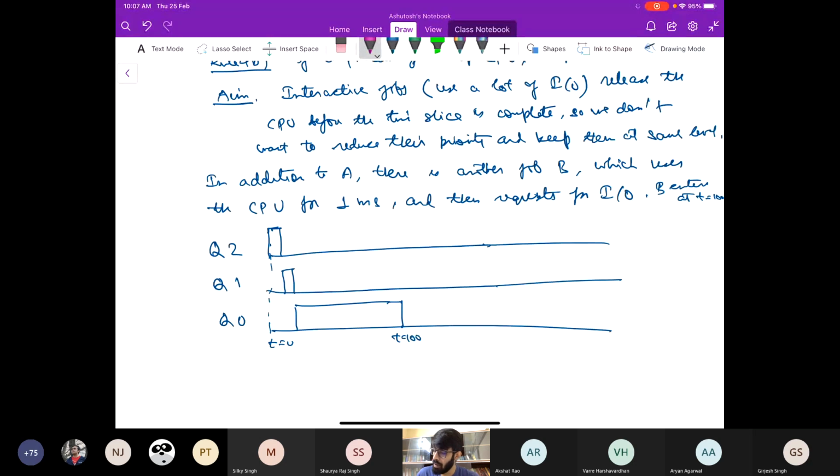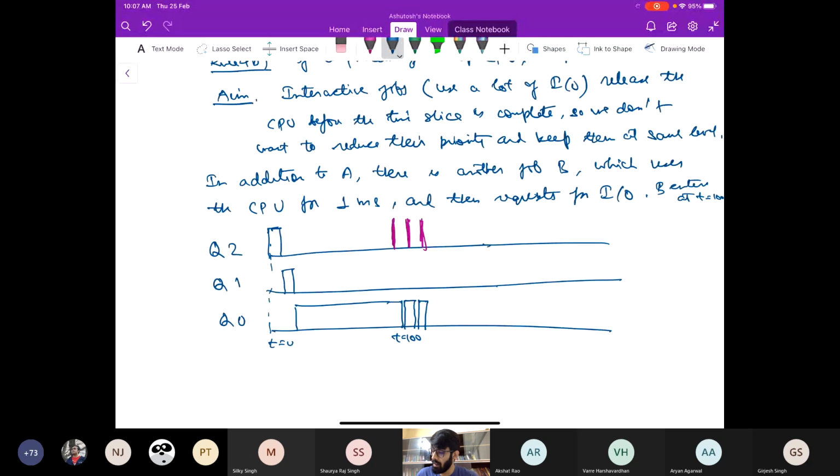Now B enters, but it uses the CPU only for 1 millisecond, and after that it releases. So then again A gets it. A then runs for 9 milliseconds, let's say. Then B again comes, now it has completed its IO. Now it gets here. Then again A gets it, and so on.